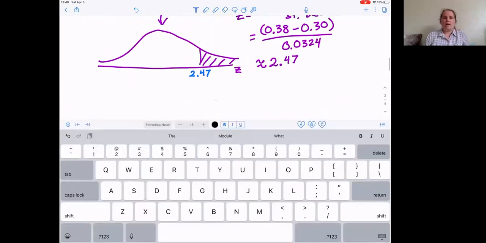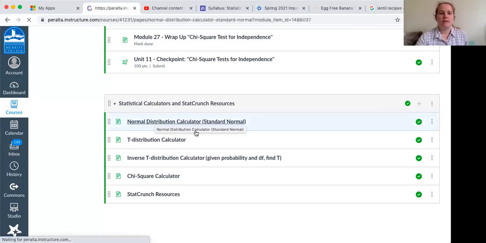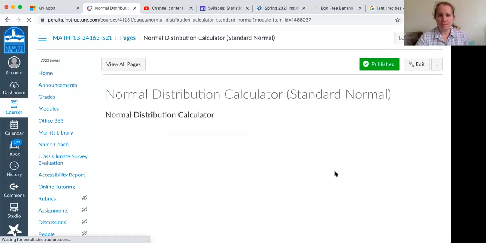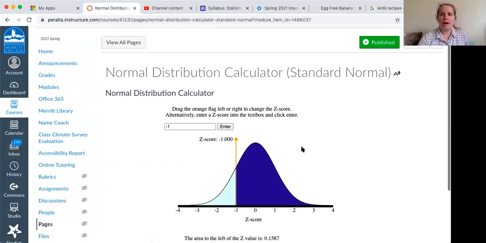From here, we need to calculate using our normal distribution calculator, which is in Canvas. So I'm going to pause and switch over to that screen. Our normal distribution calculator is at the end of the modules. If we go to the normal distribution calculator, we can now add in our z-score of 2.47.